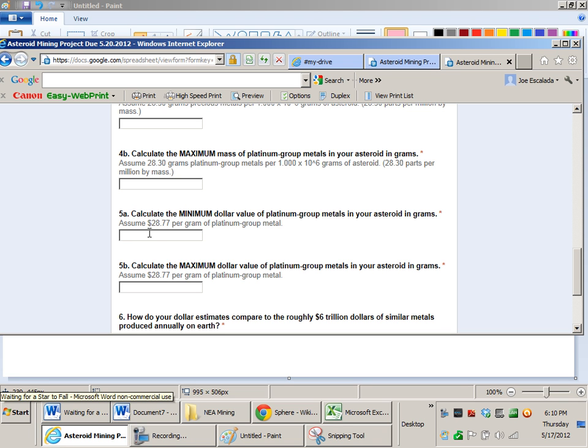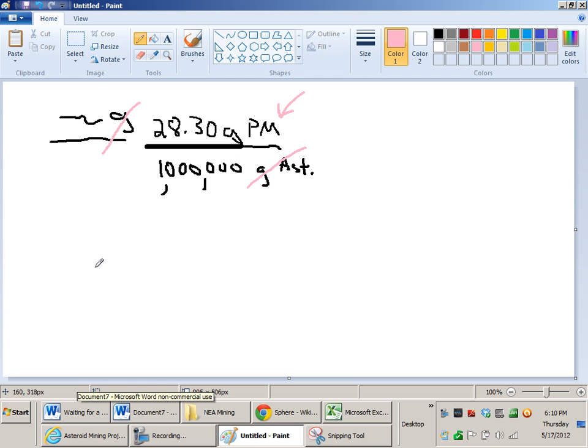But at the time, it was $28.77 per gram of platinum group metal. And this was a weighted average based on a distribution that is found in meteorites times the market values for the different metals.